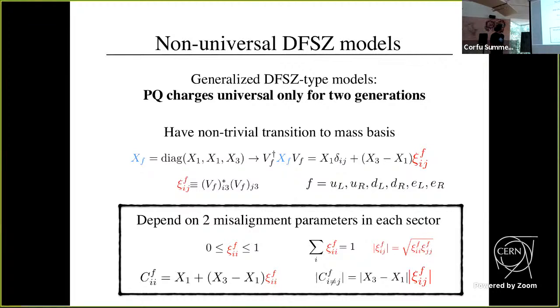So all of this we can parameterize by those rotations, which we call psi's, and there are two kinds of misalignment angles that are constrained between 0 and 1. When they are 0 or 1, there is no flavor violation, but if at least two psi's are different from 0, we have flavor violation.